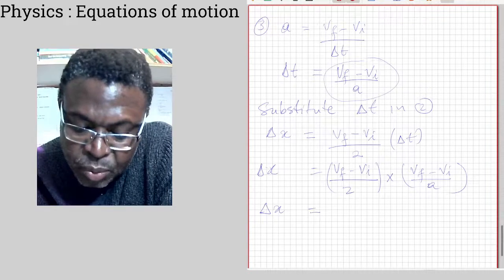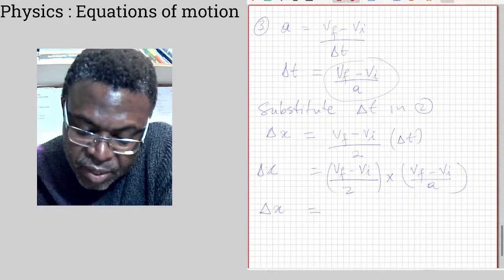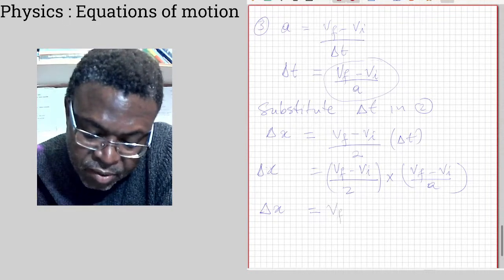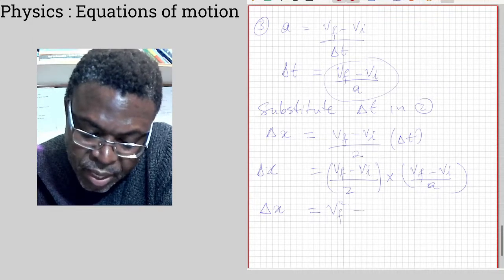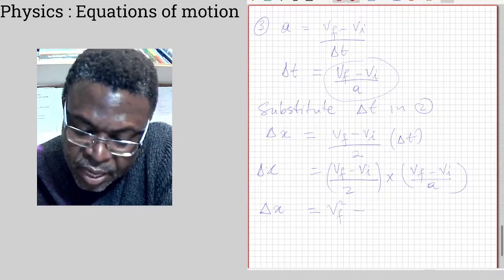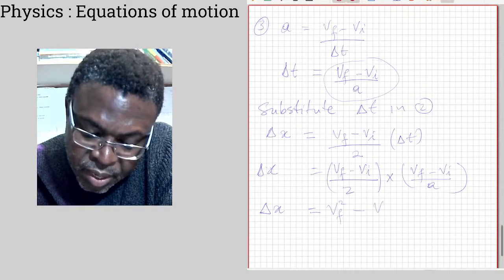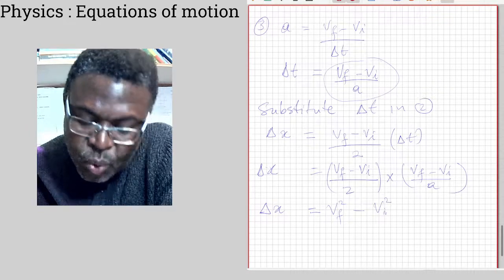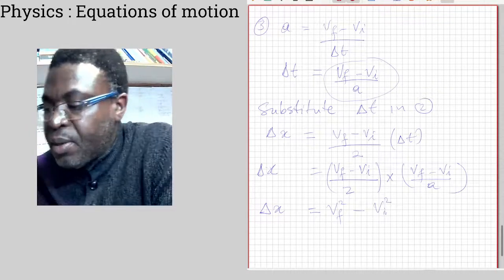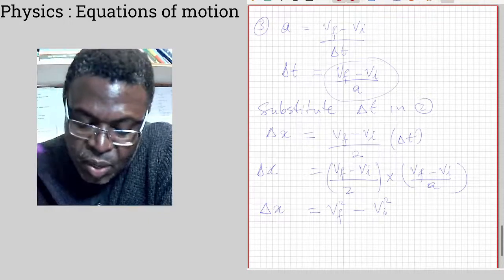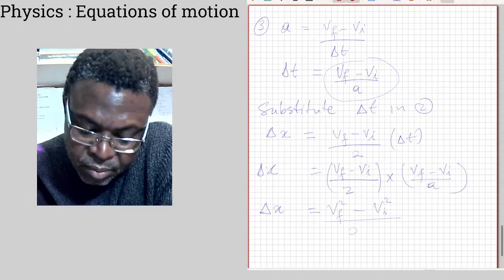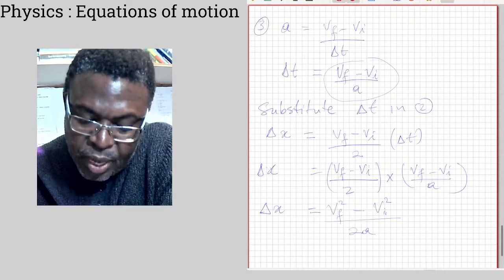Let's do the multiplication. Vf times Vf, we get Vf squared. Subtract Vi times Vi, we get Vi squared, over 2a.